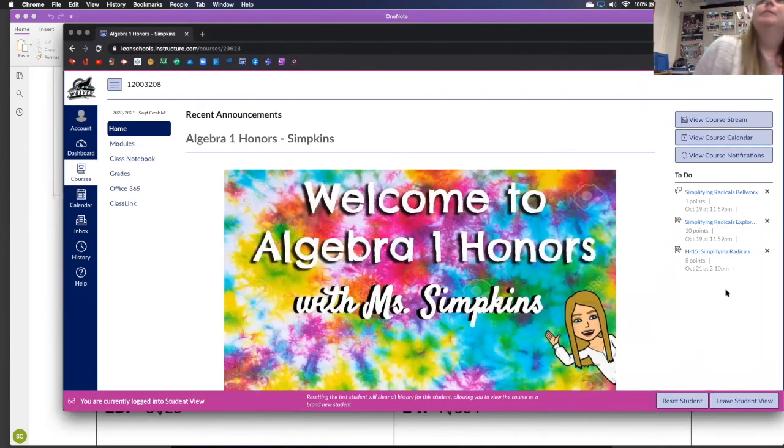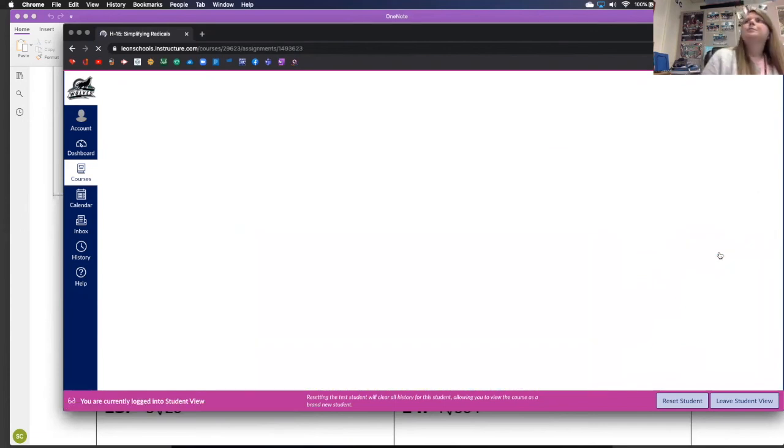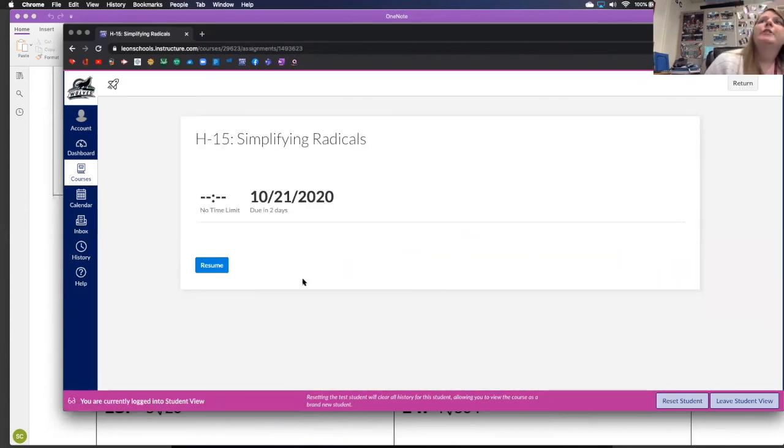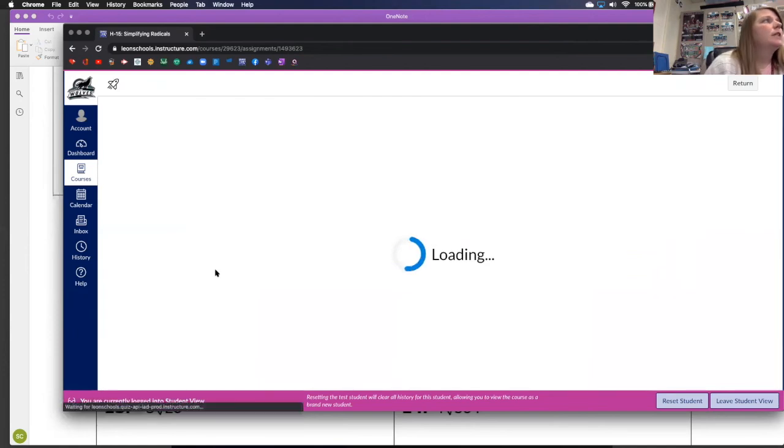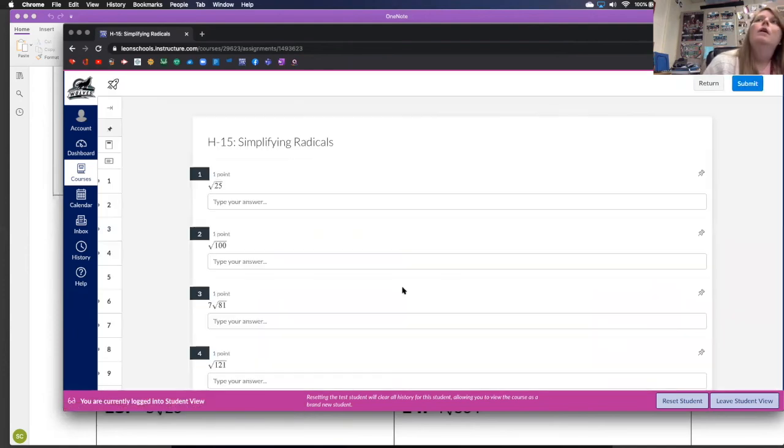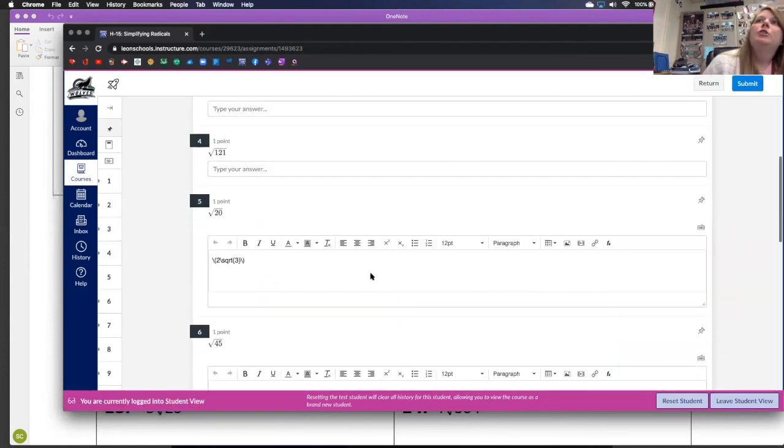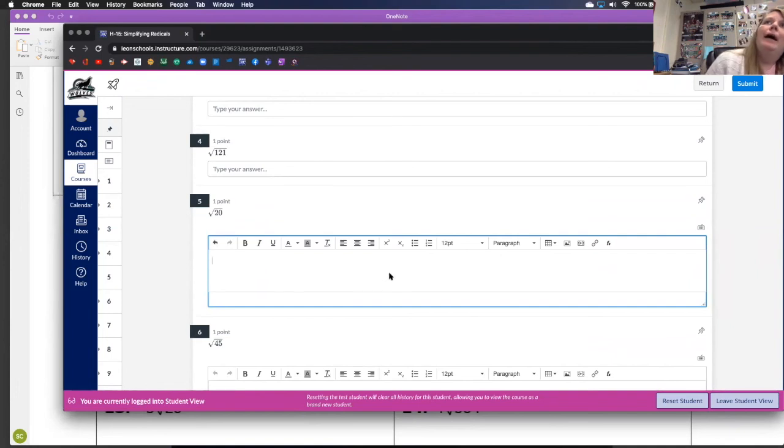Hold on one second, Robert. I'm going to show everybody where the square root button is. The first 4 problems are perfect squares, hence why you don't even have this option on them. But if you get down to number 5, you'll see a little FX button called Math Quill.